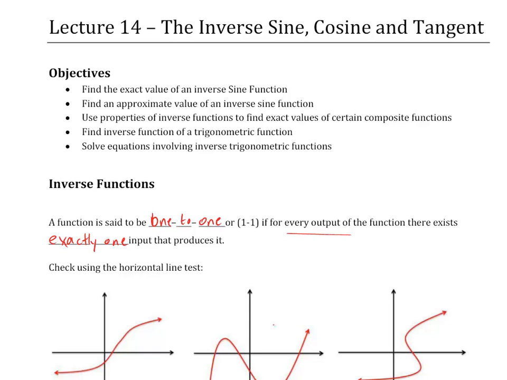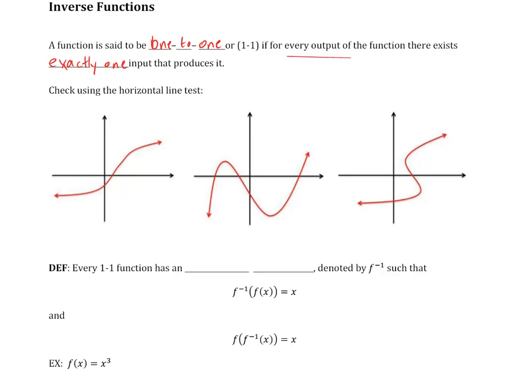Now, many functions are not one-to-one. One way to tell whether or not a function is one-to-one is by looking at its graph, and one way to do that is by what's called the horizontal line test.